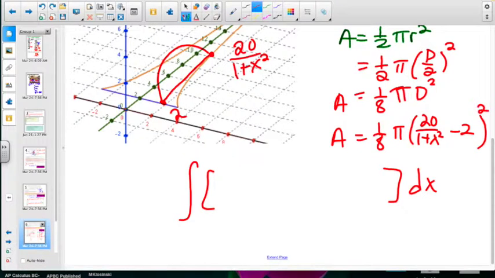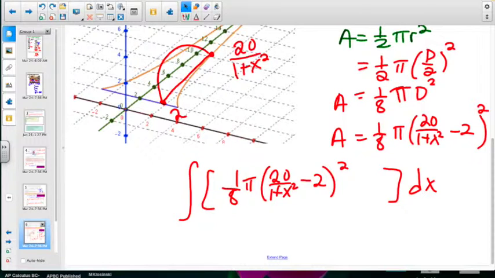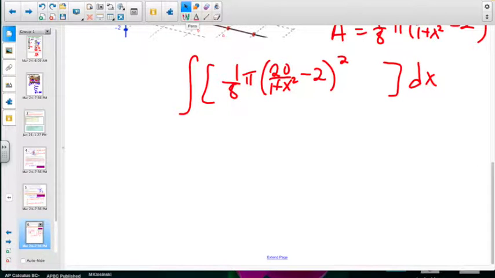Okay, and then I have to square it because it's my diameter. So I have 1/8 times pi, a lot of people call it pi over 8, times 1 plus x squared minus 2 quantity squared dx. And that does get a little tricky to plug into your calculator.